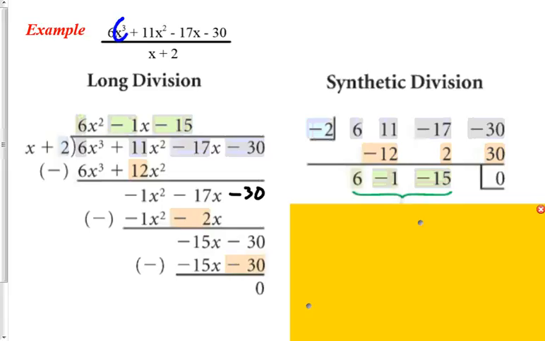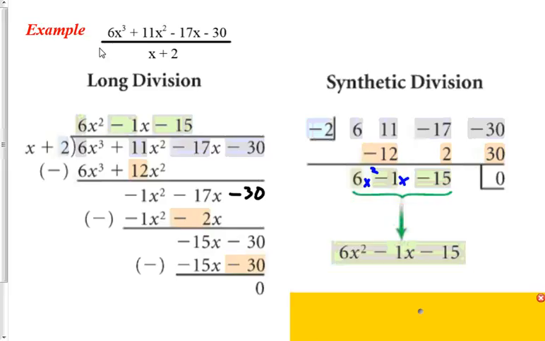Well, I see here my highest power is x cubed. And since I'm dividing away an x, the highest power I can have in the polynomial that I'm finding through division is x squared. So I'm going to write here 6x squared. Then I need to continue treating each number here as the coefficient corresponding to that x term. So minus 1x minus 15, which is the constant. And as we see down here, that is what we need to do.